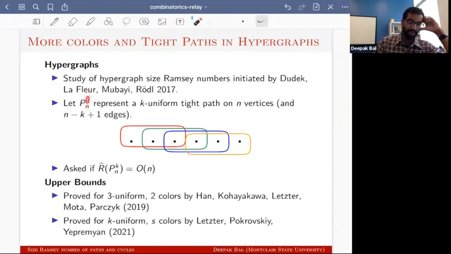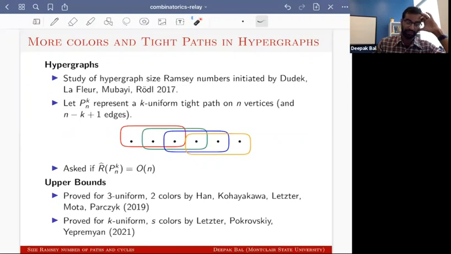So remember, this means k-uniform and n vertices, and tight means k minus 1 overlapping. So consecutive edges in the path overlap in k minus 1 vertices.